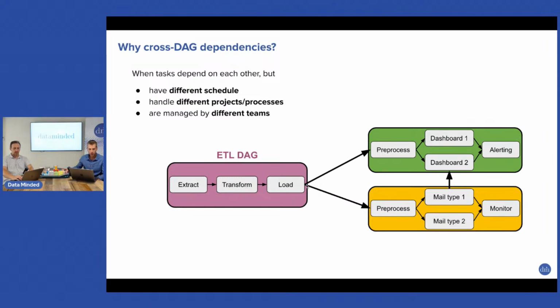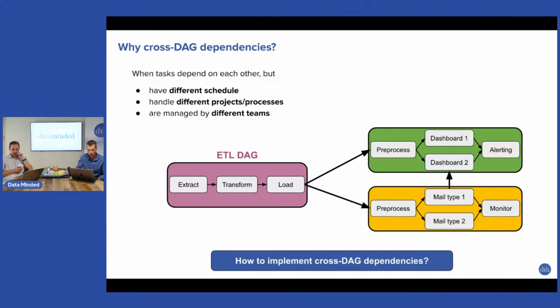For example, when your data is loaded, you want to start your dashboarding DAG, and you can also start your marketing automation DAG, but your dashboarding DAG can also depend on several mails, or did the mails arrive, yes or no. So there can be links between different DAGs. And then you need to know how to implement these cross-DAG dependencies.